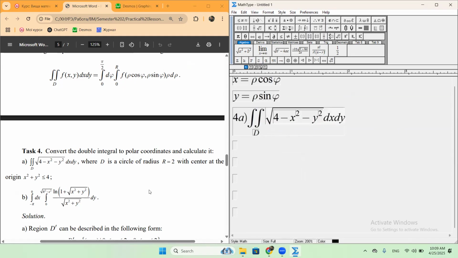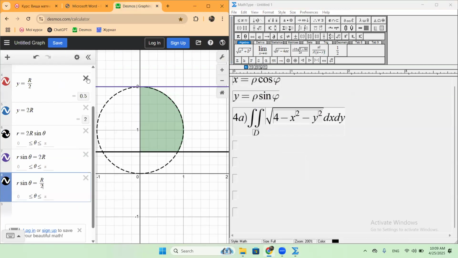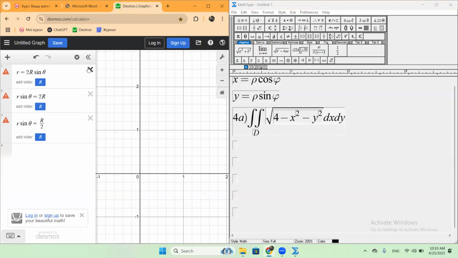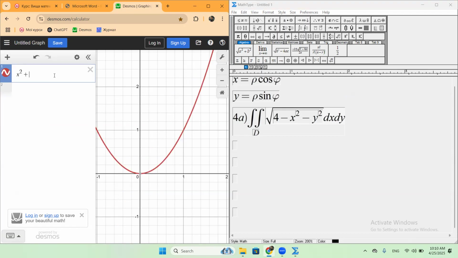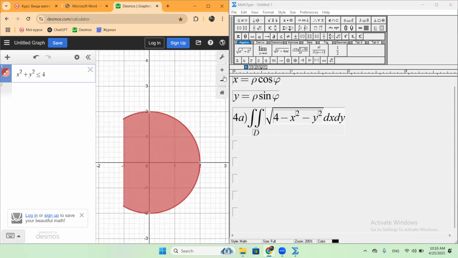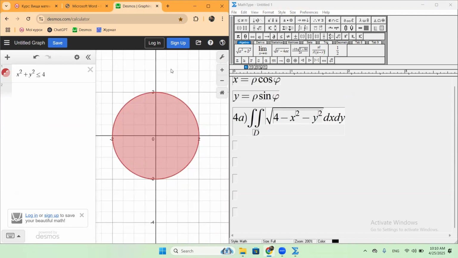So D is bounded by a circle of radius r equals 2, and the center is at the origin. So the region is the following. Yeah, it's quite simple.